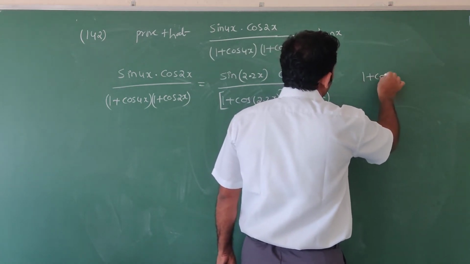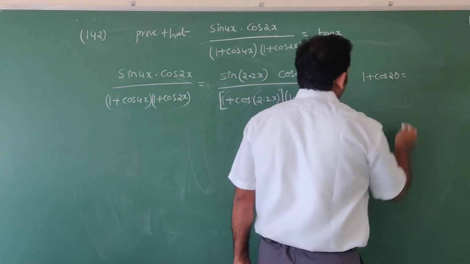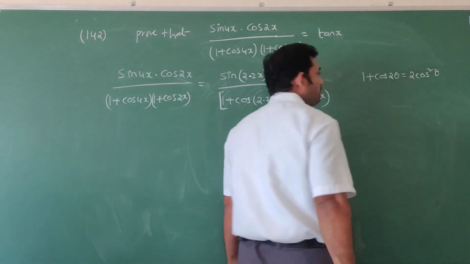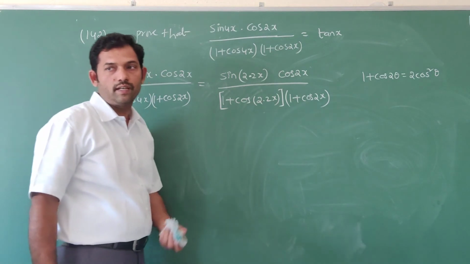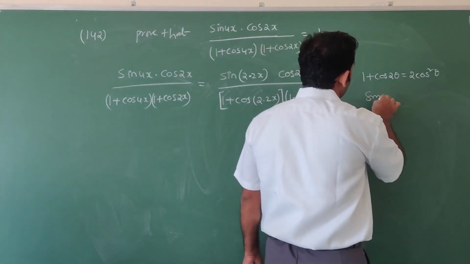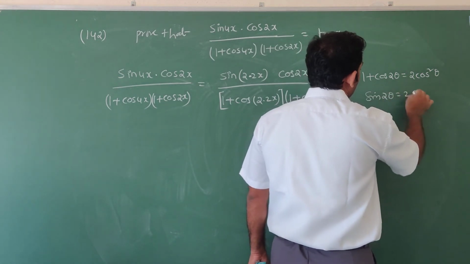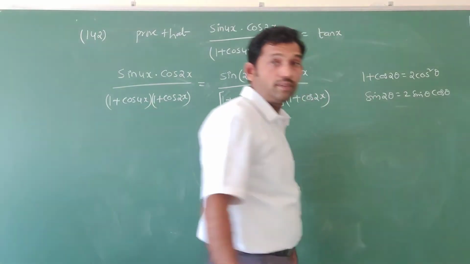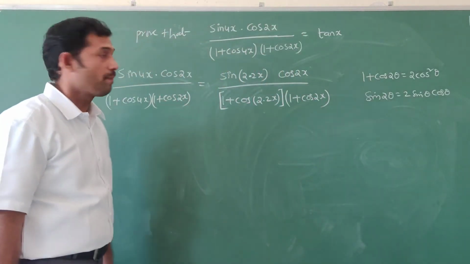1 plus cos 2 theta means 2 cos square theta. And the sin 2 theta formula is 2 sin theta cos theta.